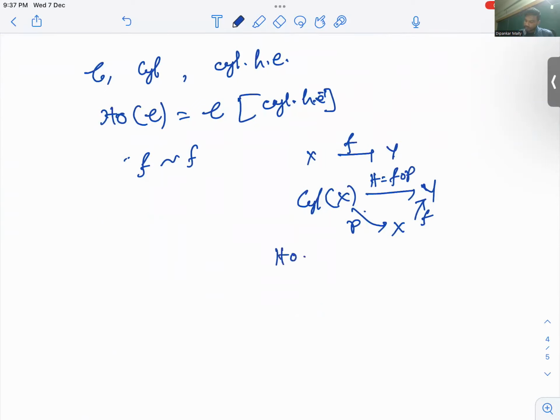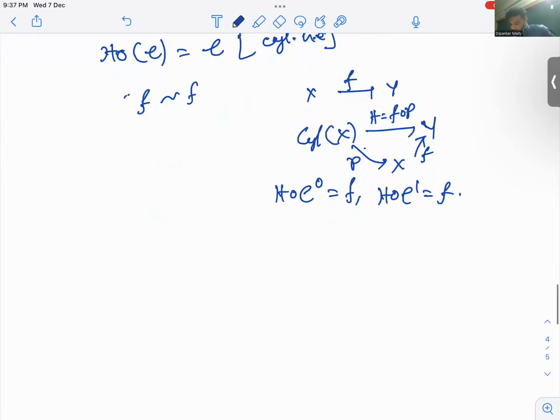Then h composed e0 is equal to f, and h composed e1 is also f. So f is homotopic to f. However, a general cylinder structure has no reason to give you symmetric homotopy.